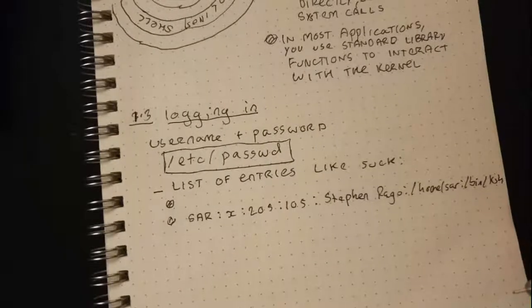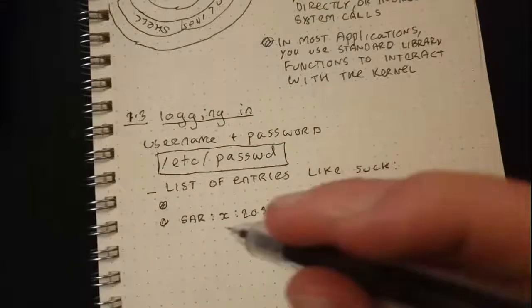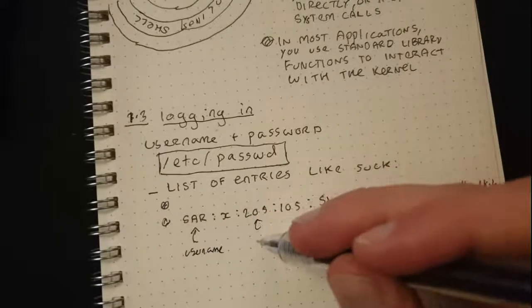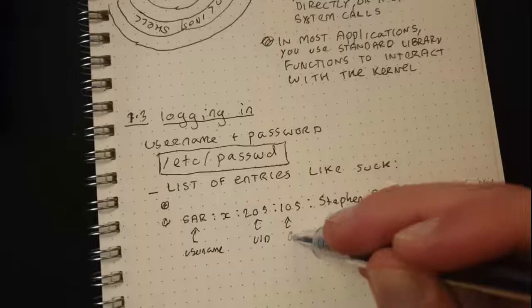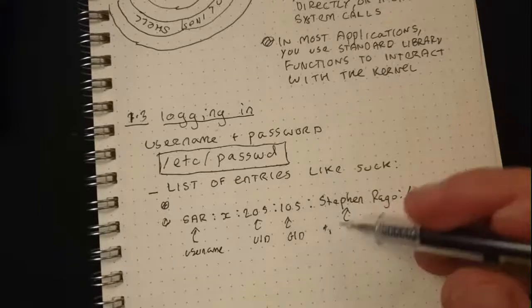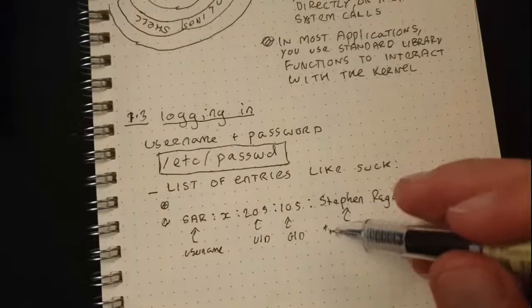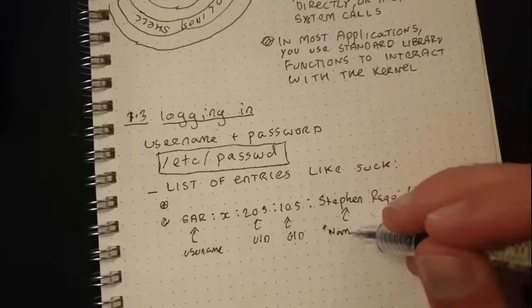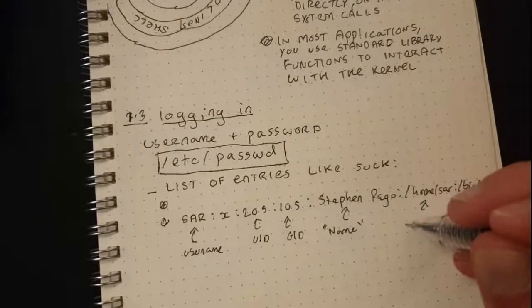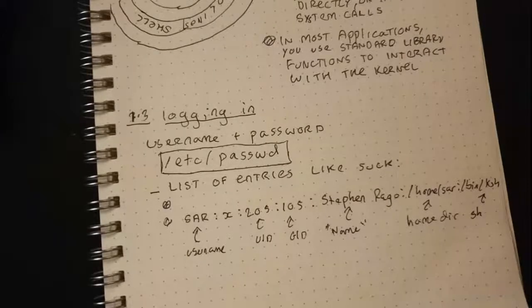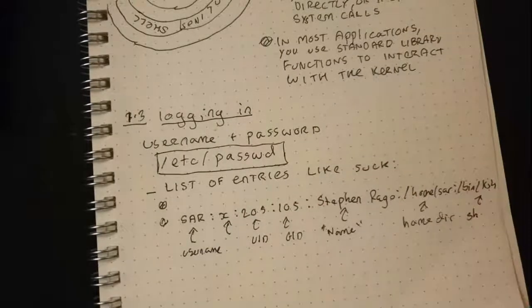And mainly what this says is the username, UID, group ID, some alias like name, or how you want it to appear, their home directory, and what shell they like to use. And another entry which we'll get back to later.